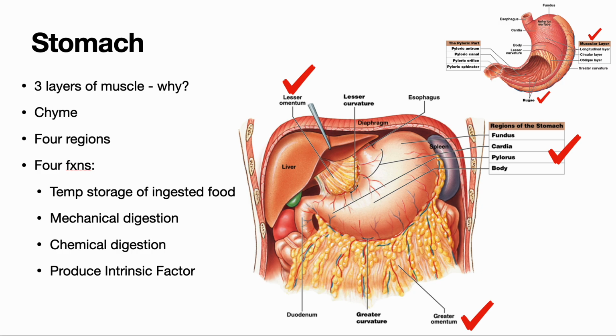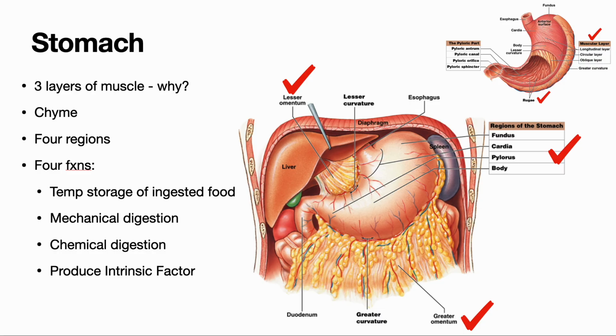Okay, so that brings us to the stomach. The stomach has 3 layers of muscle. Remember in our model earlier in a previous lecture, we talked about how the GI tract has 2 layers of muscle in the muscular layer, but the stomach is an exception. It's going to have a 3rd layer that runs oblique to the other 2 layers. And that serves a really important purpose because the stomach's job is to really crush and mix food.